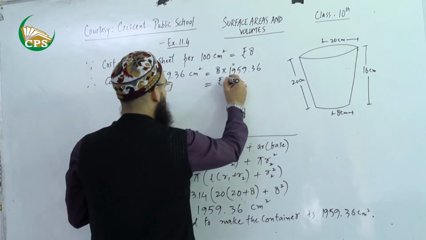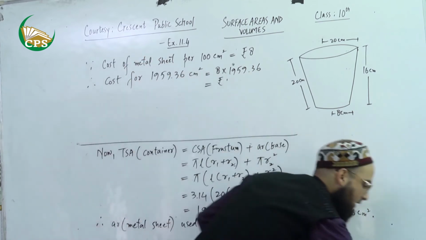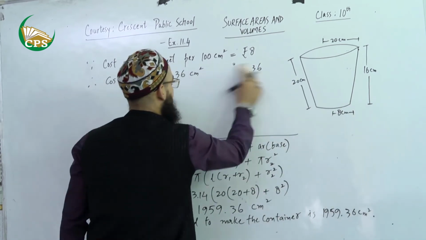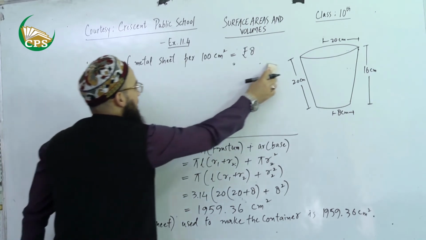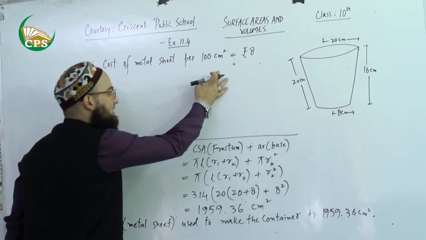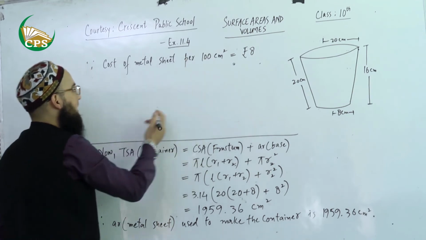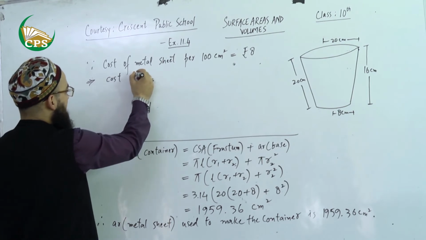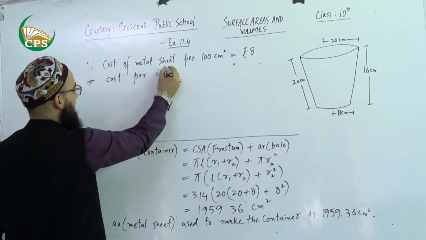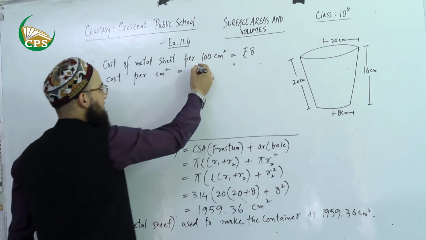Sorry, we have to convert first to the unitary method, because this is not per square centimeter, this is per 100 square centimeter, which implies that cost per square centimeter is equal to 8 divided by 100.